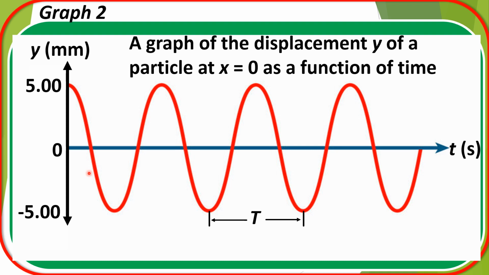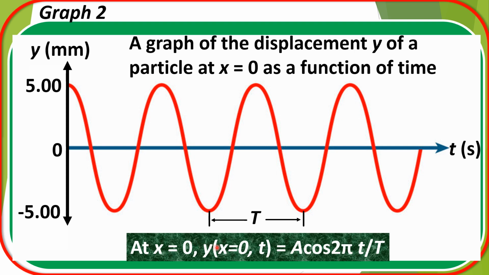So at position x equals 0, we say that the wave function y at x equals 0, at any given time t, can be expressed as the amplitude of the wave, capital A, multiplied by cosine 2 pi times the time t, small t, divided by the period of the wave, capital T.